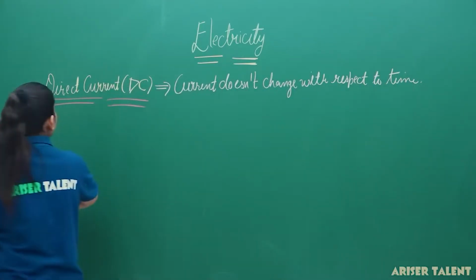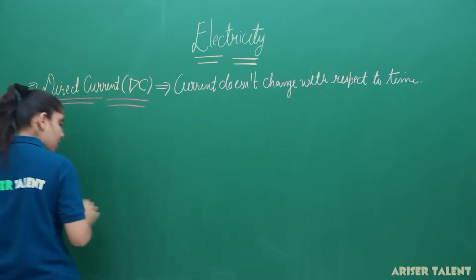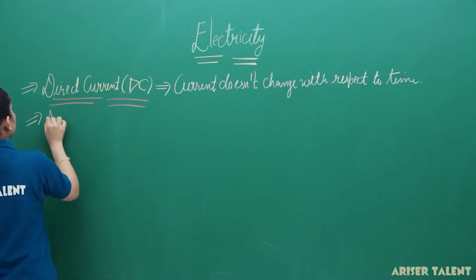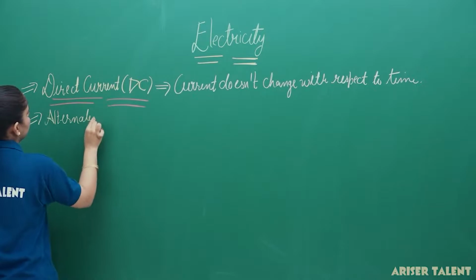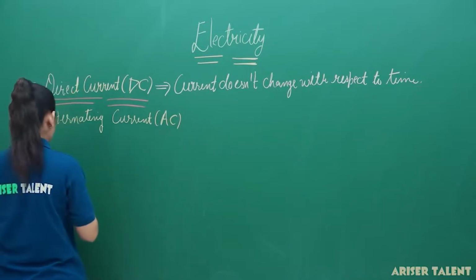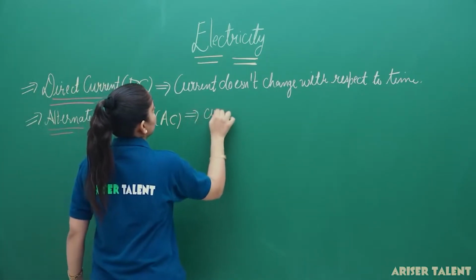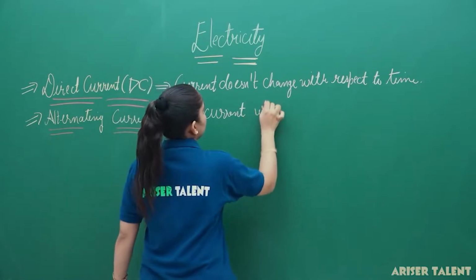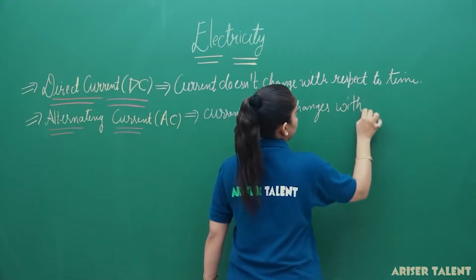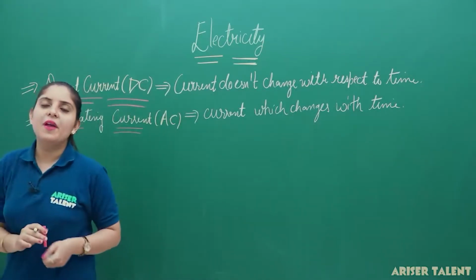And alternating current is a current whose value changes with time.